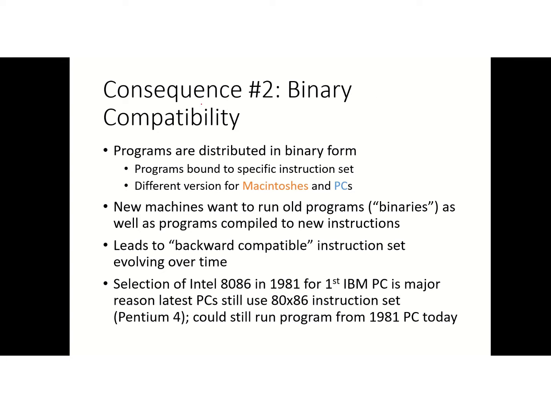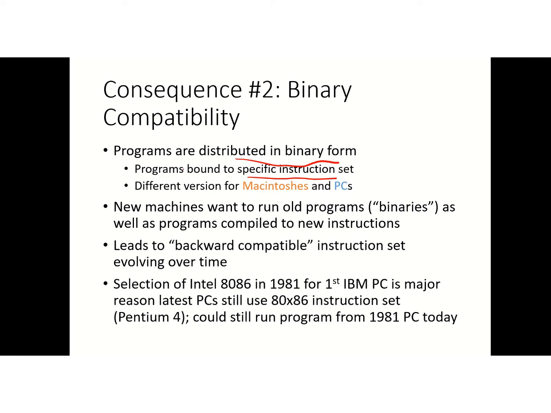Now, binary compatibility. Programs are distributed in binary form, so they are bound to a specific instruction set. When we execute a program, it depends on the architecture of the computer, which consists of a specific instruction set.